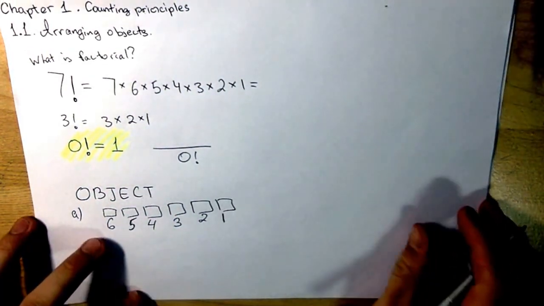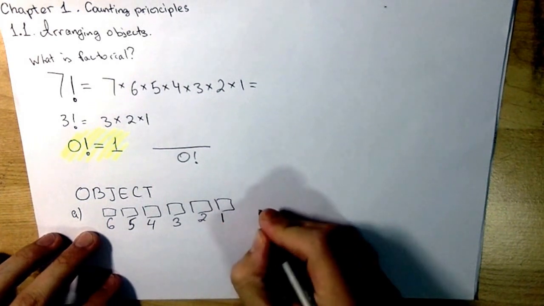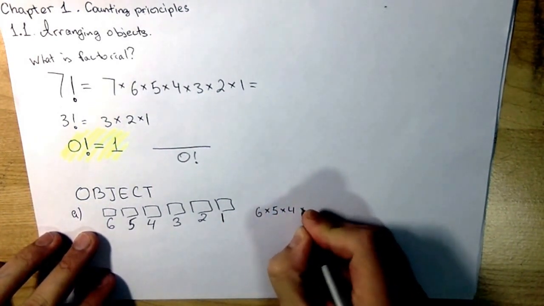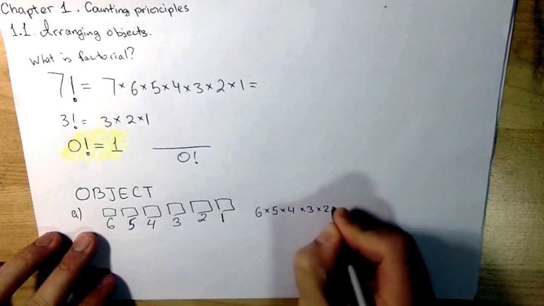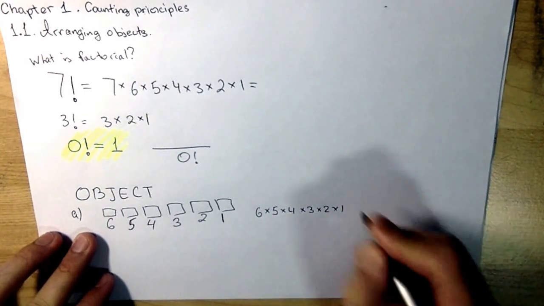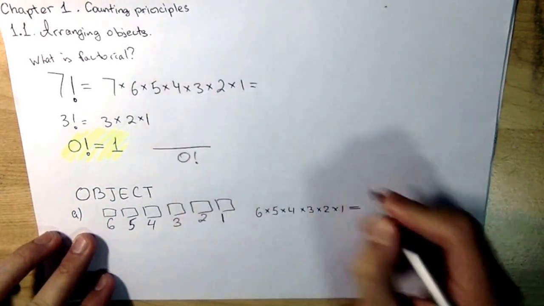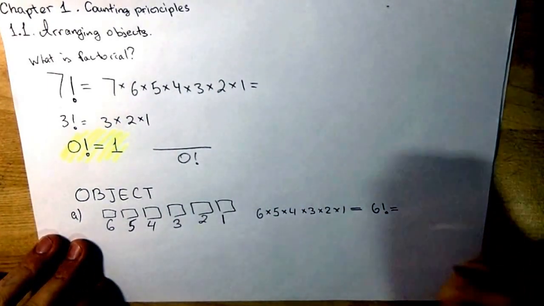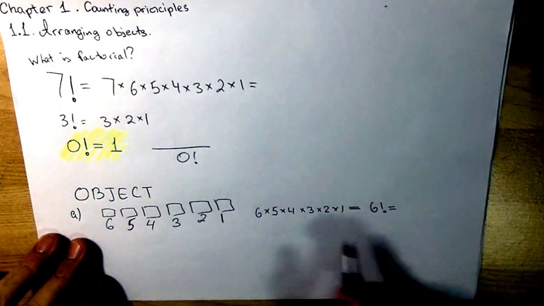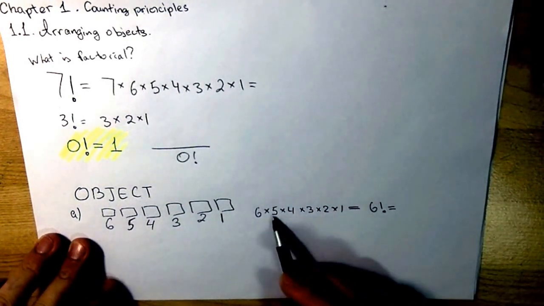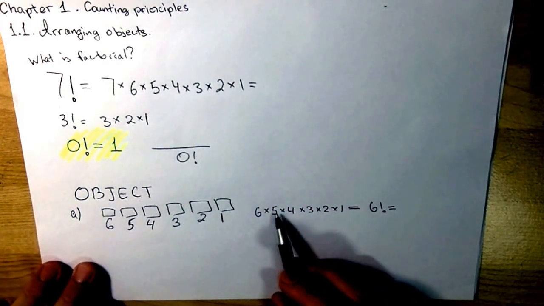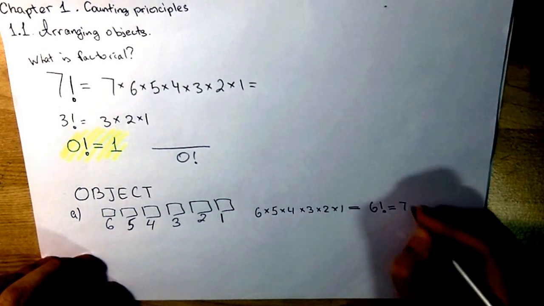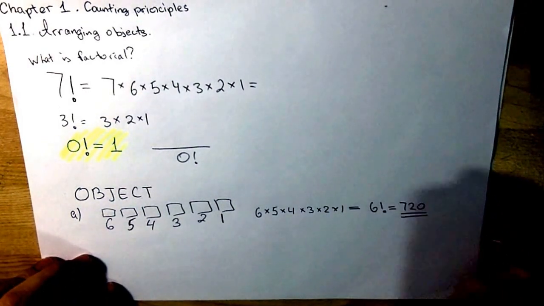So this is equal to 6 times 5 times 4 times 3 times 2 times 1. And what does this equal to? Of course we know it's factorial of 6. And factorial of 6 equals 6, 24, 120 and 720. So it equals 720.